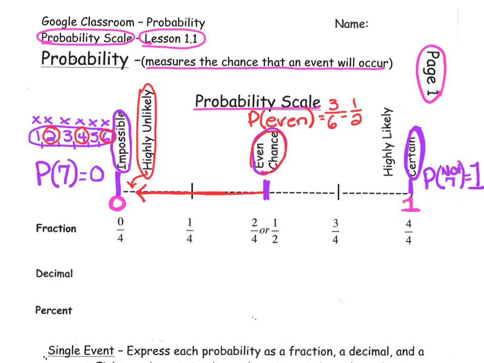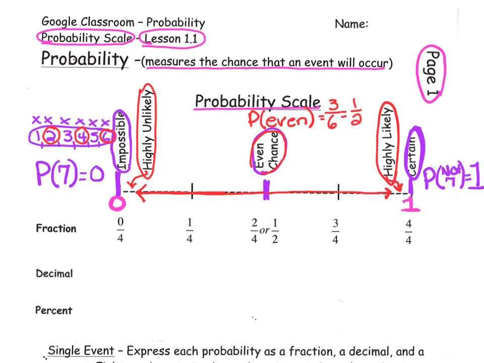However, on the other end of the probability scale, as you increase the value of the probability and get closer and closer to 1, the more likely the event will occur. This is what we call highly likely. It has a much stronger chance of occurring than something that's highly unlikely.